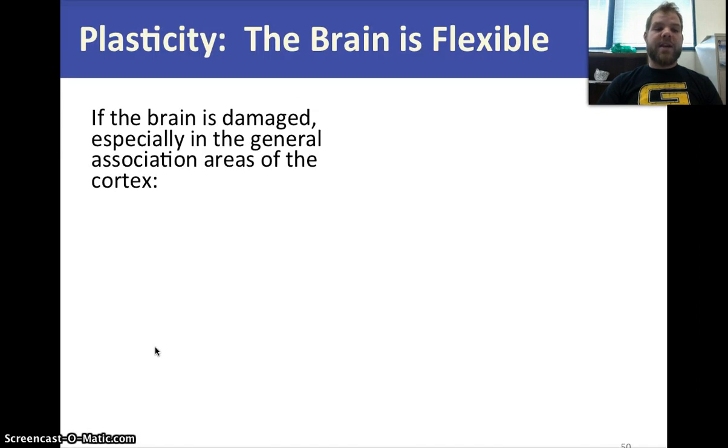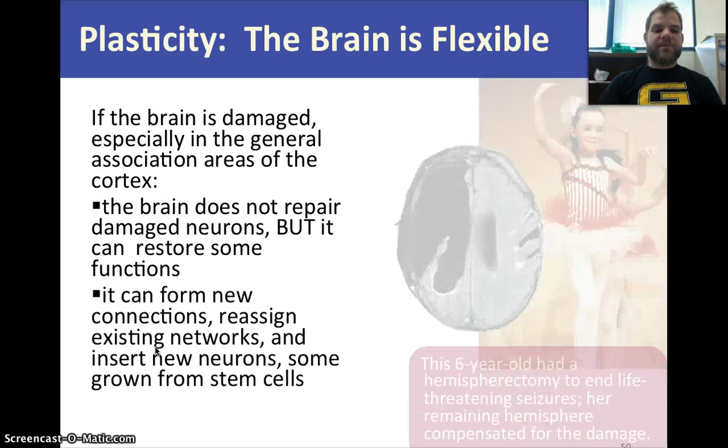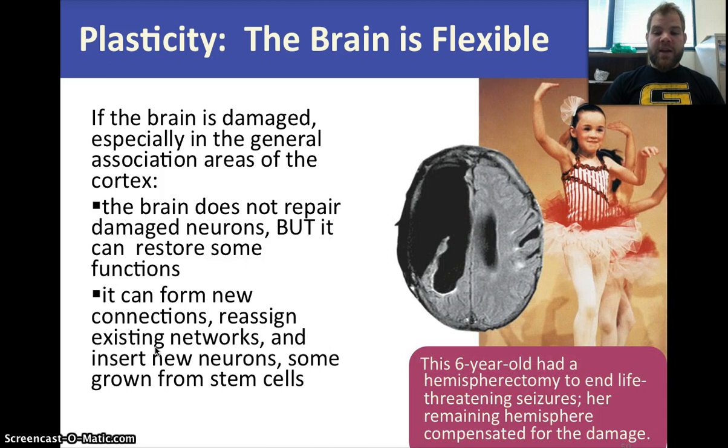Plasticity, as I said, is the ability of the brain to basically make do with what it has. For example, this young lady had a hemispherectomy to end life-threatening seizures. Her remaining hemisphere compensated for the damage. If you look at that diagram, this whole section of her brain was cut out.